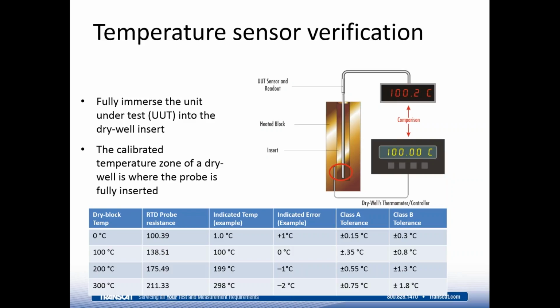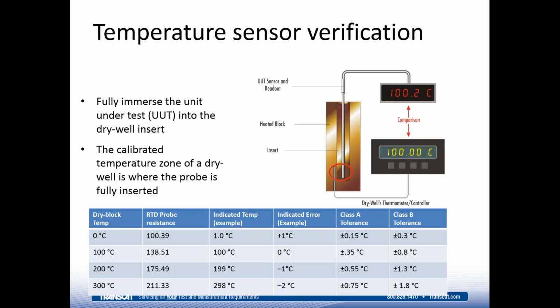So let's say I start at 0. I'm going to let it stabilize for maybe 15 minutes, and then I'm going to take a reading of the resistance of that probe, or I could take a reading of the indicated temperature if it's connected to a PLC or a display of some kind. If I am looking at the resistance, I'm going to need to look at a resistance table for a standard RTD, or convert that resistance to a standard temperature for that particular probe.